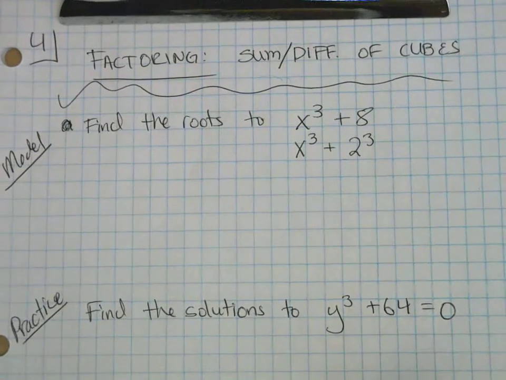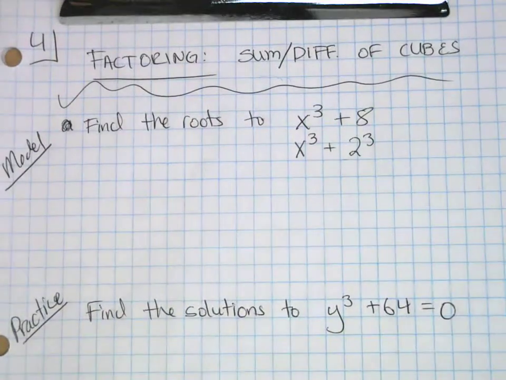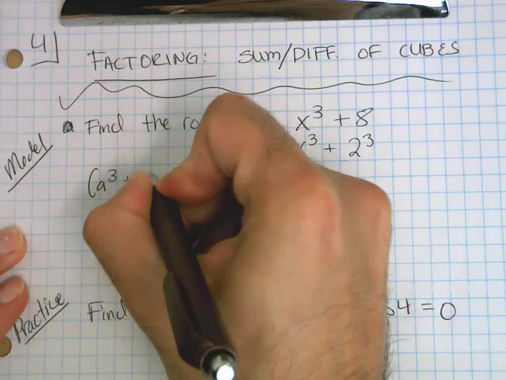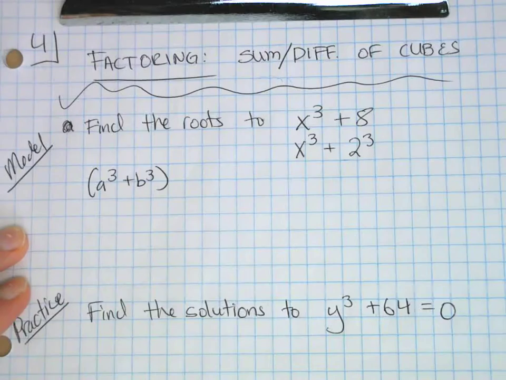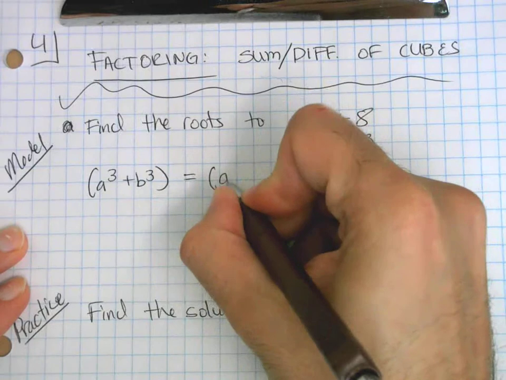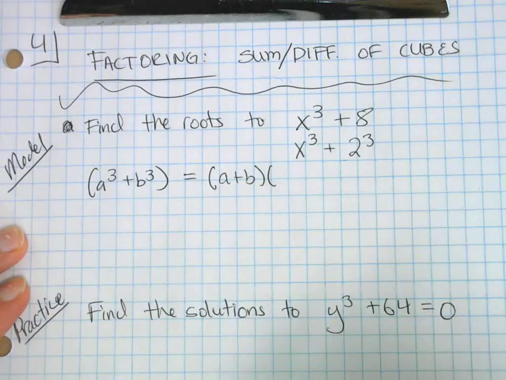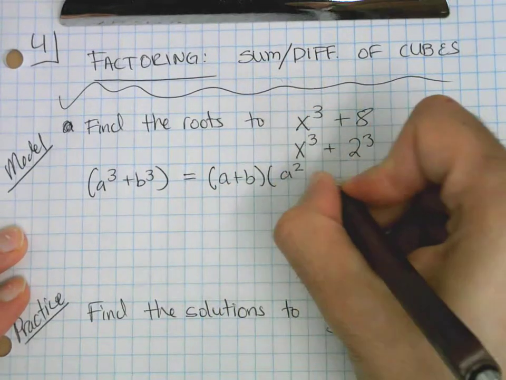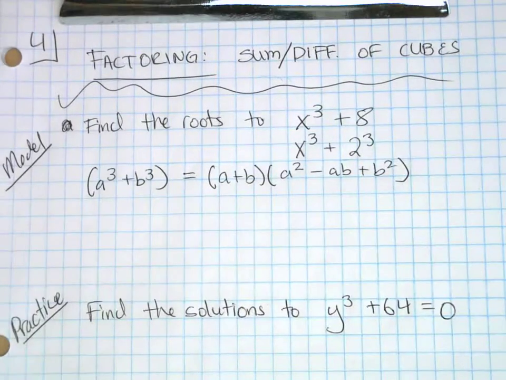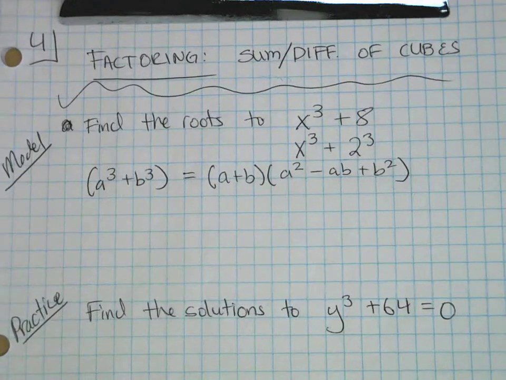Now there's a specific formula that I need to use, and it looks like this. Anytime I have a cubed plus b cubed, that's always equal to a plus b times a squared minus ab plus b squared. That's the formula for the sum of cubes. So what am I doing?